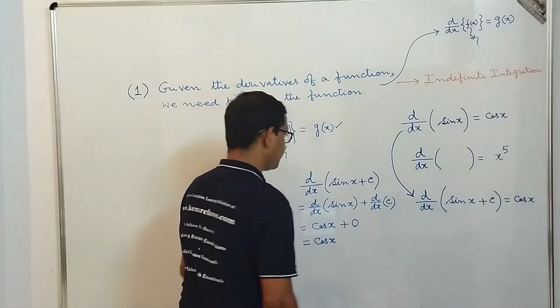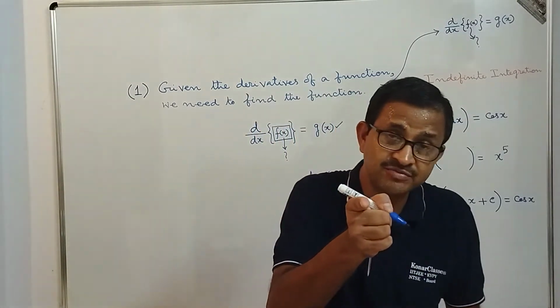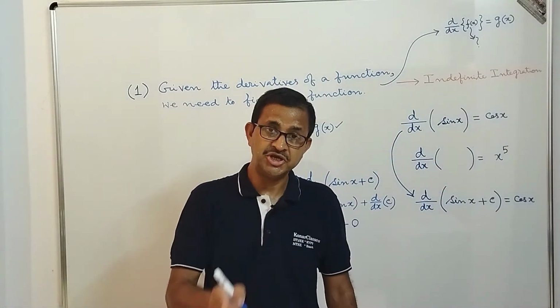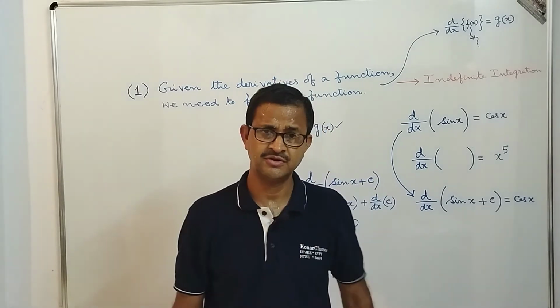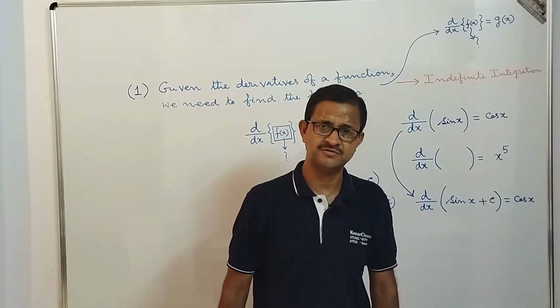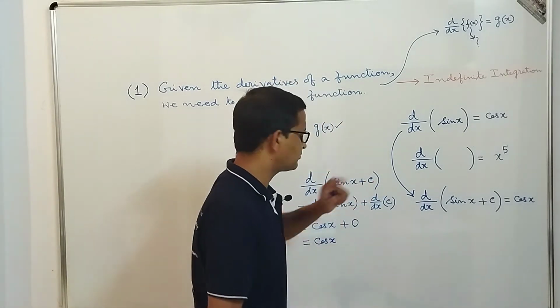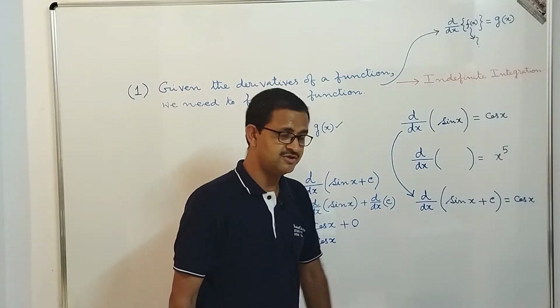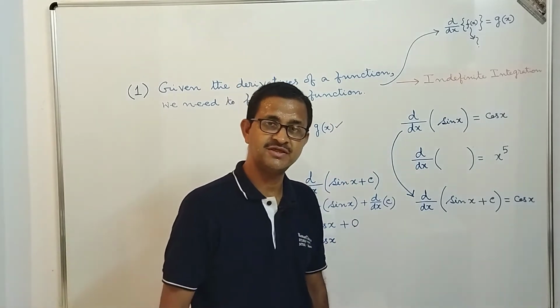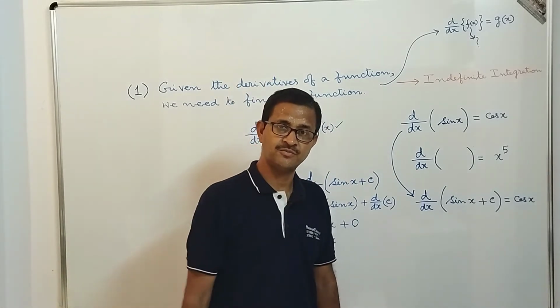So what we see, dear students, is that it is not only d/dx of sin x that is cos x, d/dx of sin x plus any constant is also equal to cos x. Now what is the value of this constant? You can take c as 5, I can take c as 7.3, someone else can take c equal to minus 11.44.